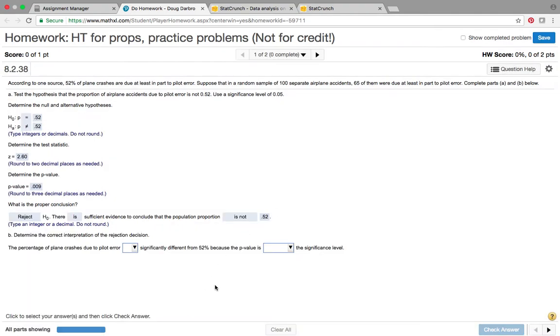Determine the correct interpretation of the rejection decision. Well, we rejected, so we're believing that the alternative hypothesis is more believable. So the percentage of plane crashes due to pilot error is significantly different from 0.52 because the p-value is less than the significance level.